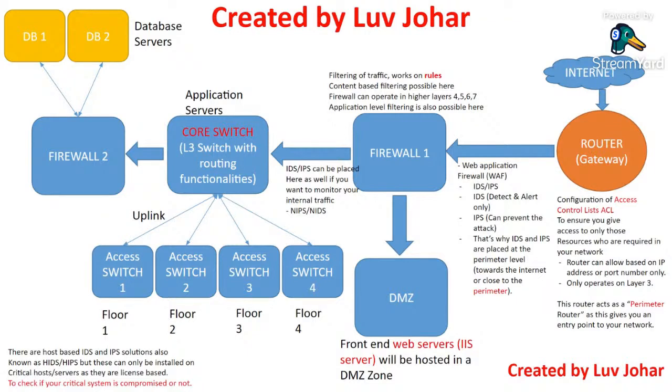So the reason is if you want to protect your critical systems from any kind of intrusion, any kind of anomaly that is happening on the system, you need to protect the system, guys.